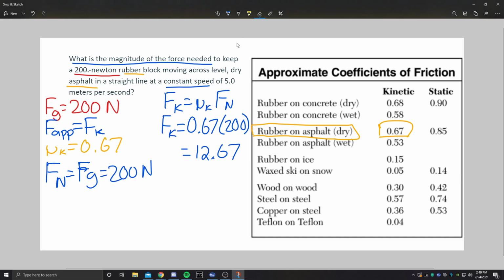I'm sorry, 133.3 newtons. And so that's the magnitude of force required to keep it moving. All right.